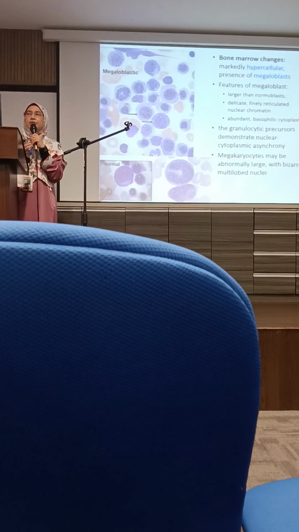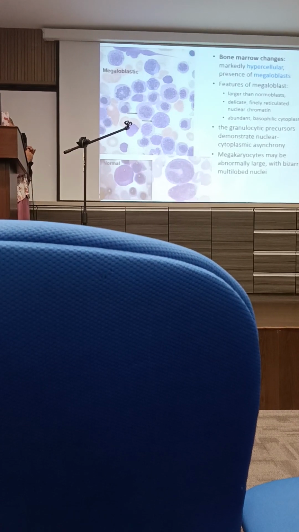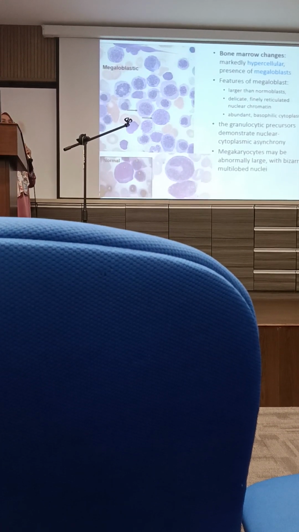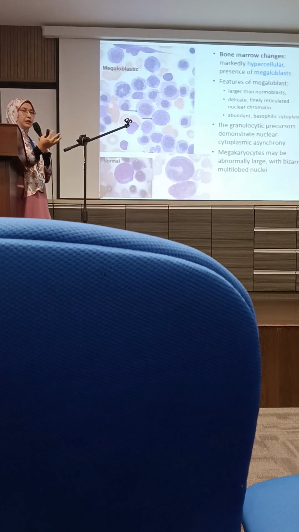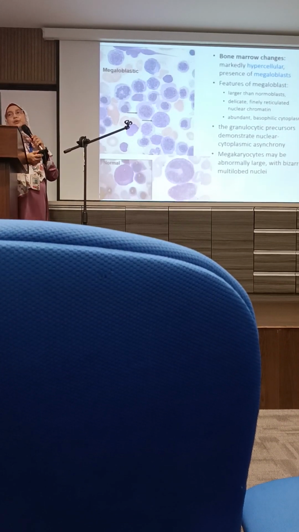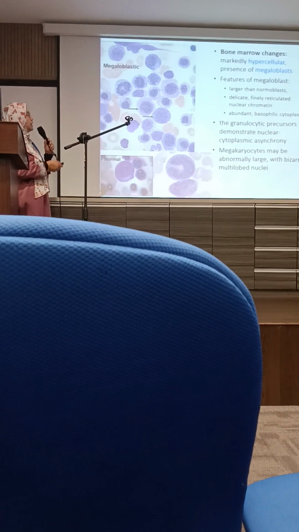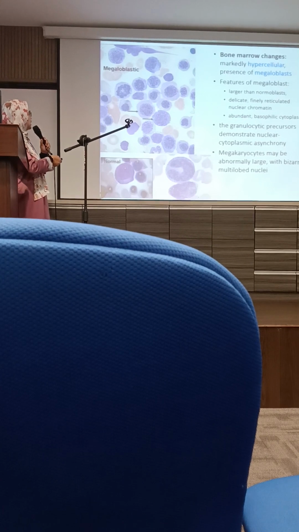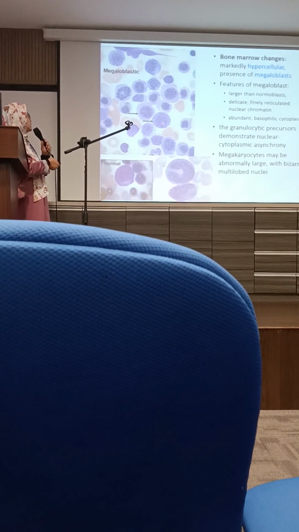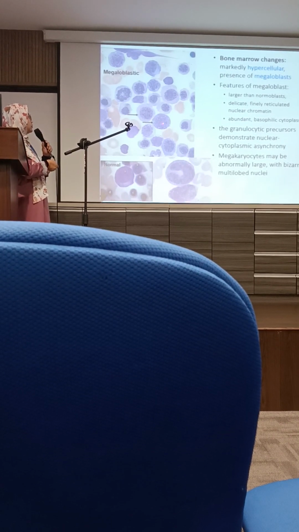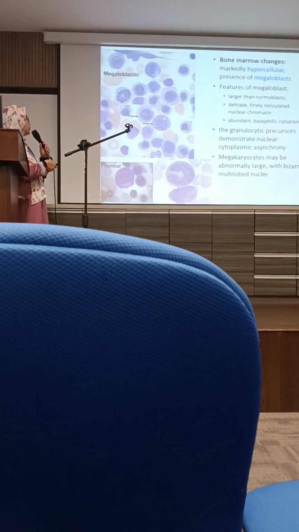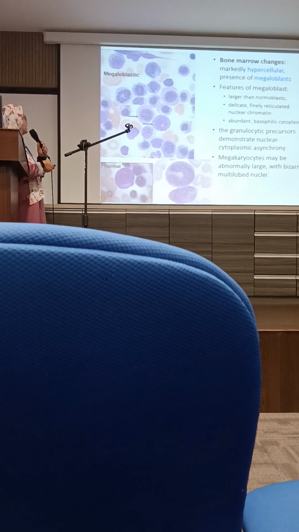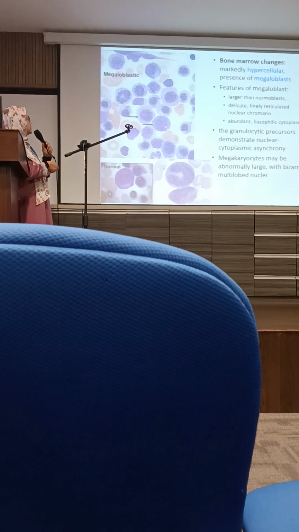Okay, if you look at the bone marrow, there will be marked hypercellularity. The cells are very dense, many cells, because your body is anemic, so the body is trying to produce more cells. So it will be hypercellular, and you will see megaloblasts. So these are megaloblasts. The features: it is larger than normal normoblasts, and if you look at the nucleus, it has delicate, finely reticulated nuclear chromatin.